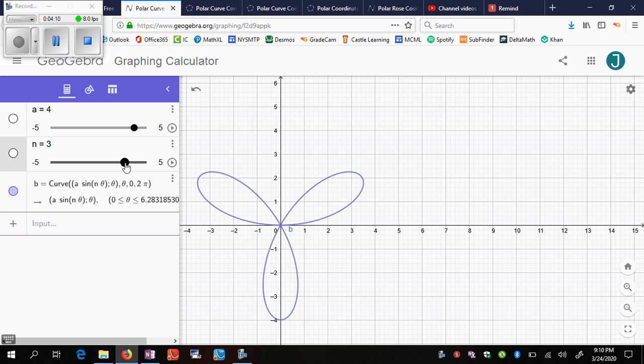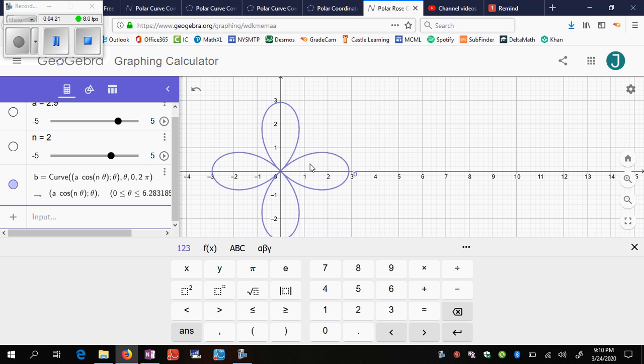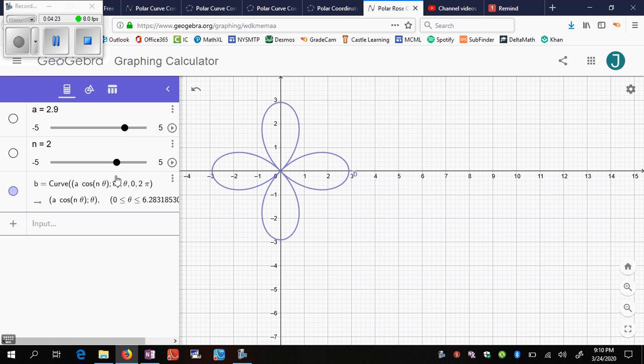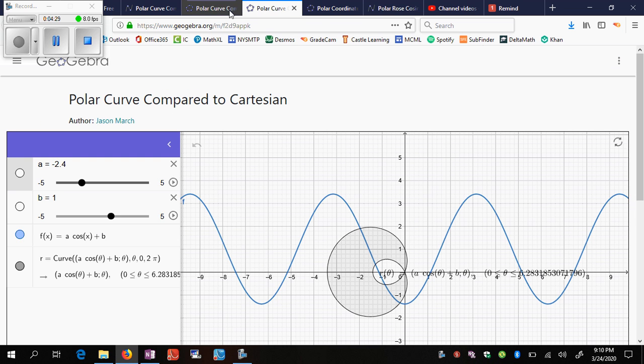Identifying the difference between sine and cosine polar curves, polar roses in particular, really has to do with the initial value. I think about the cosine wave as a function. So let me switch back to cosine here. Cosine doesn't go through the origin, right?